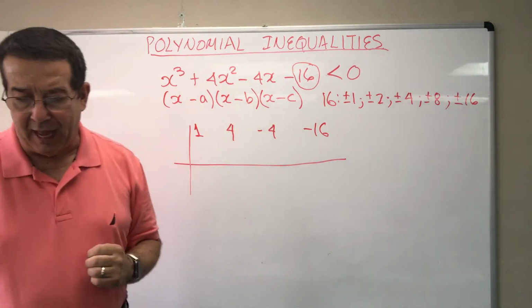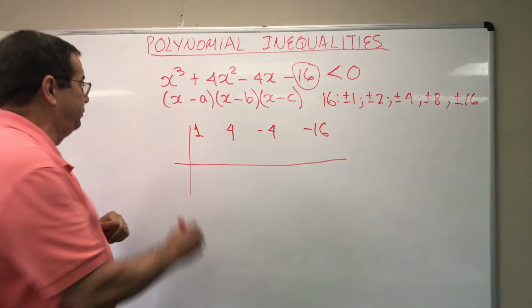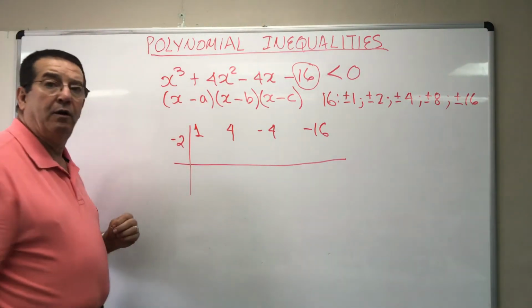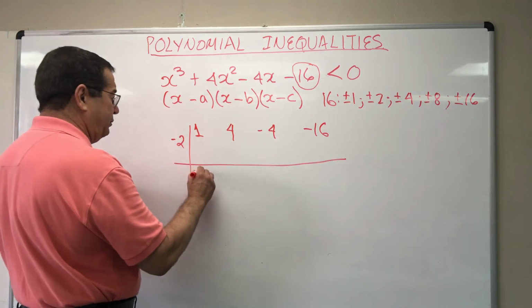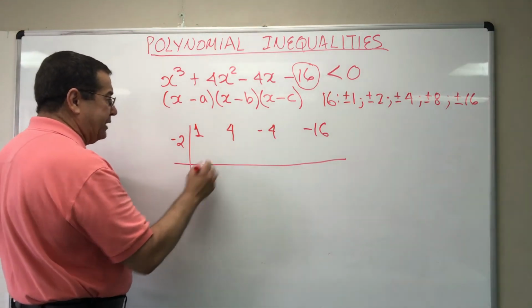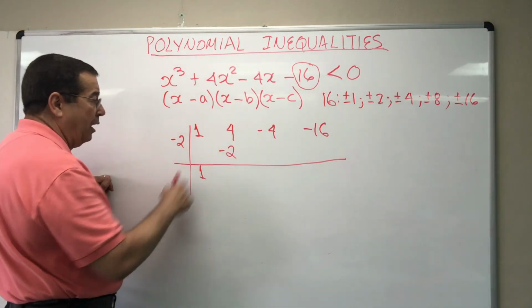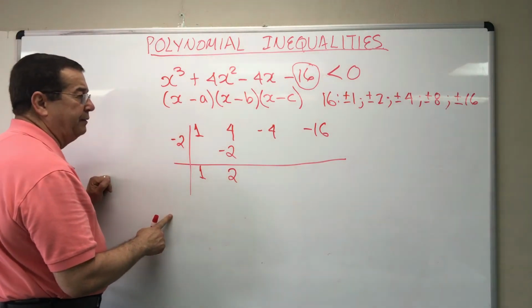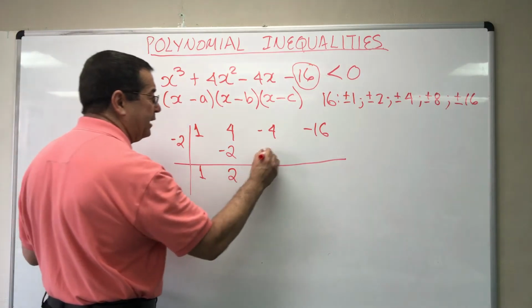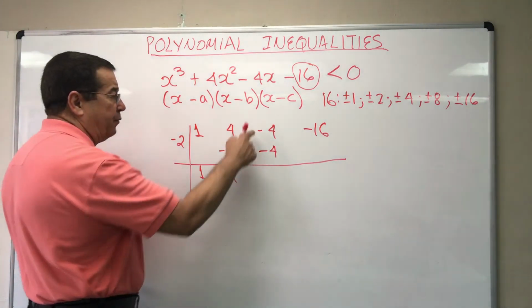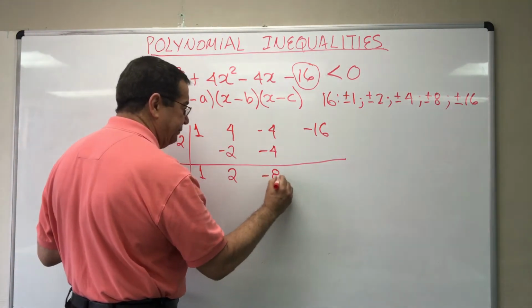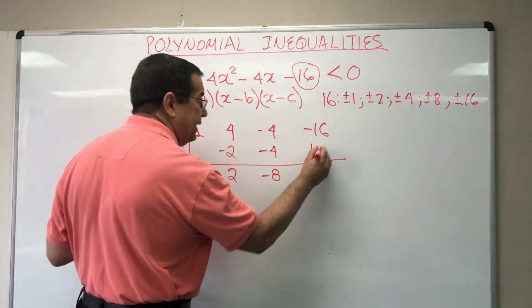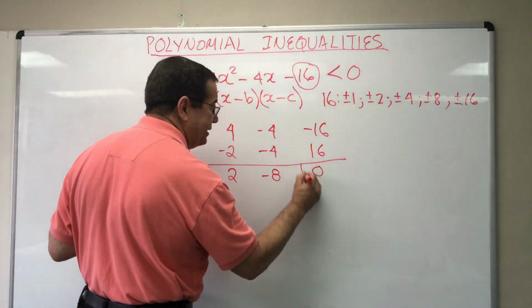For example, I'm going to use negative 2. Remember, you move 1 down, and negative 2 times 1 is negative 2, and when you add, it is 2. And 2 times negative 2 is negative 4, and when you add, this is negative 8, and when you multiply, it is 16, and now the remainder is 0.